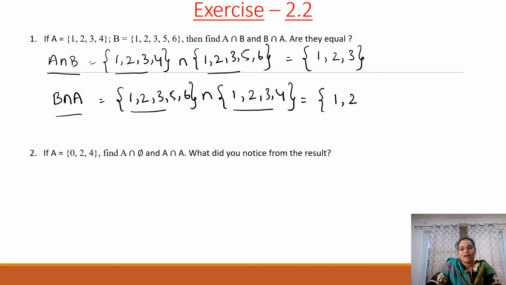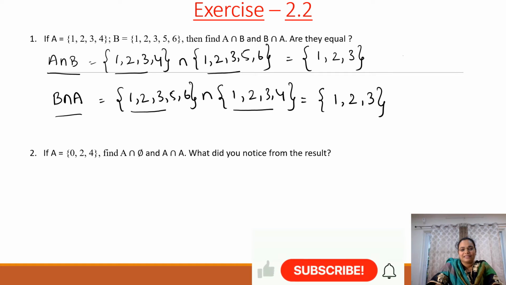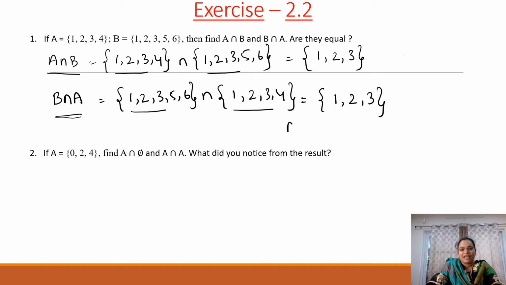In the question, they have asked, are they equal? If you see A intersection B and B intersection A, the sets have the same elements. So A intersection B is equal to B intersection A.